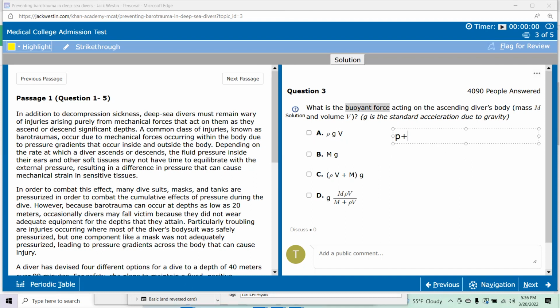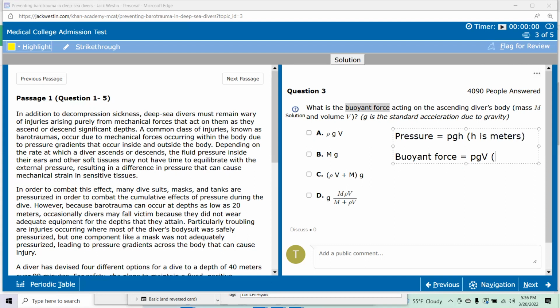So if we know that pressure is equal to density, G, and H, and I'm just showing you buoyant force is equal to density, gravity, and volume, what's the difference between these two equations in terms of units? Well, H is meters, right?